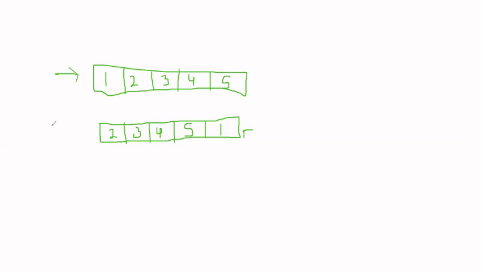Our resultant array should be something like this. So we can see what is happening in the array: the value at this index is going at the end. So suppose we are given this array, we'll store this value into a temporary variable. Let's take a temporary variable, int temp. In the temp we'll write 1.